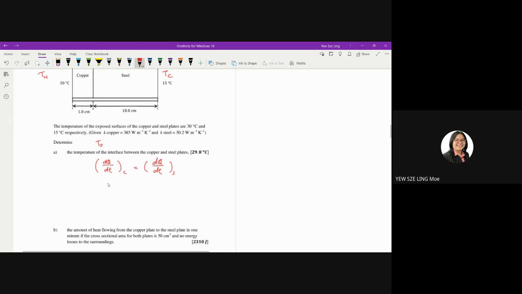So now expand the equations. dQ over dt copper is negative K_C A dT over dx_C, because they have the same surface area according to the diagram. This equals negative K_S A dT over dx steel.